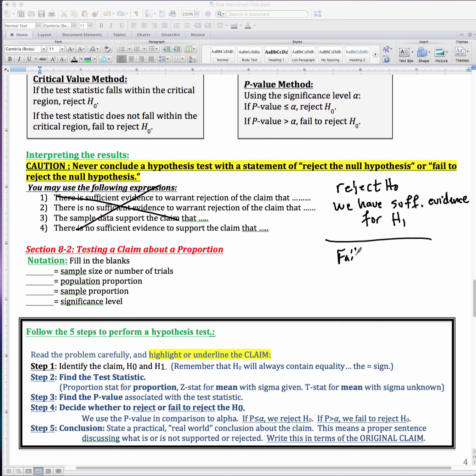If we fail to reject H null, then we have insufficient evidence for H1. Now H1 is going to be a big old sentence. It's not going to be that quick. It's not going to say H1. It's going to tell you what H1 means.